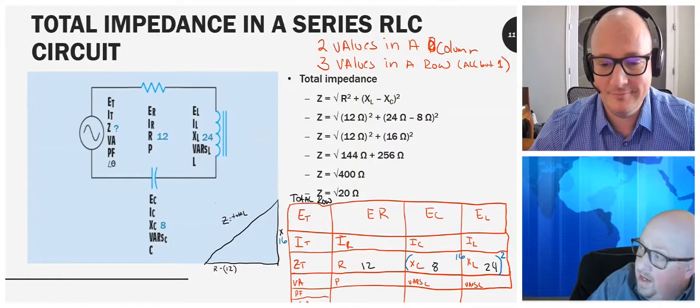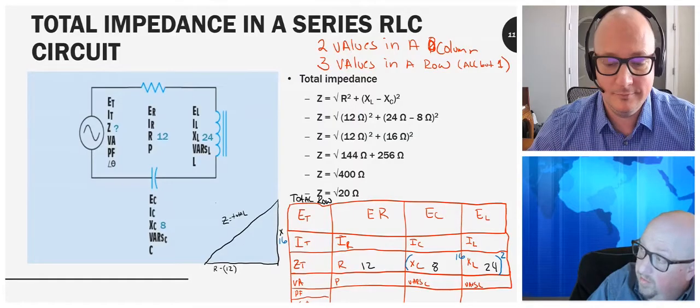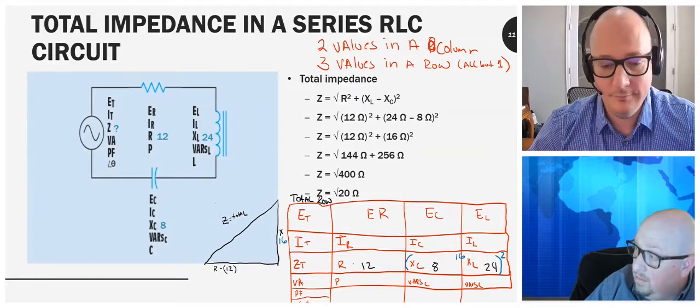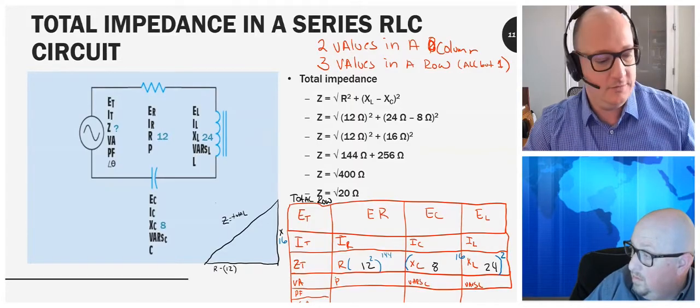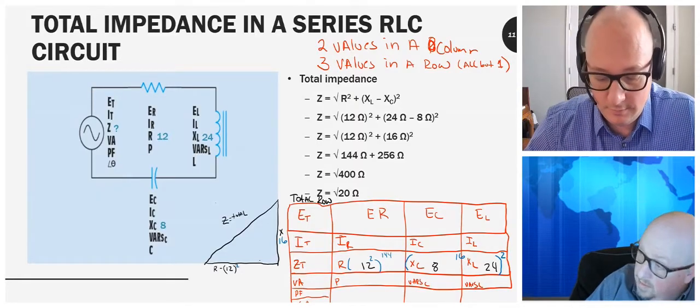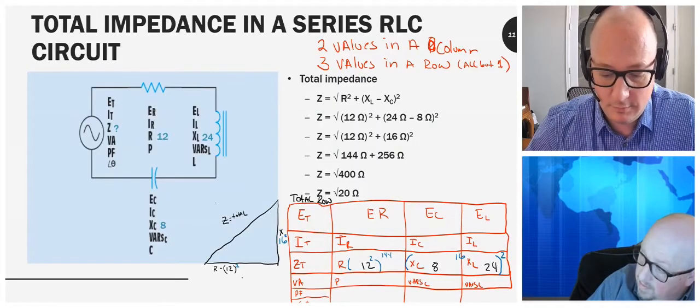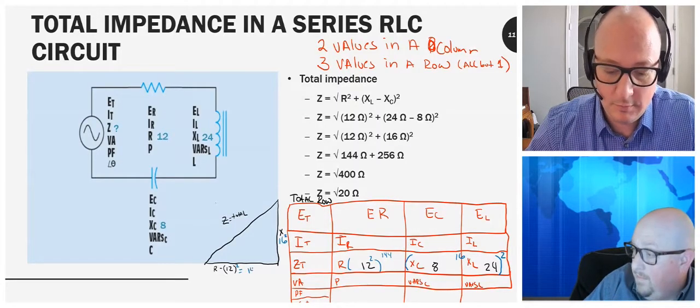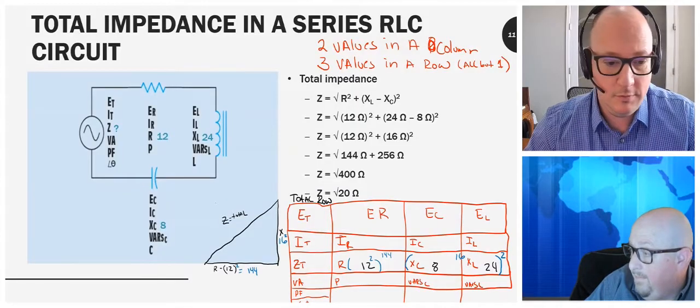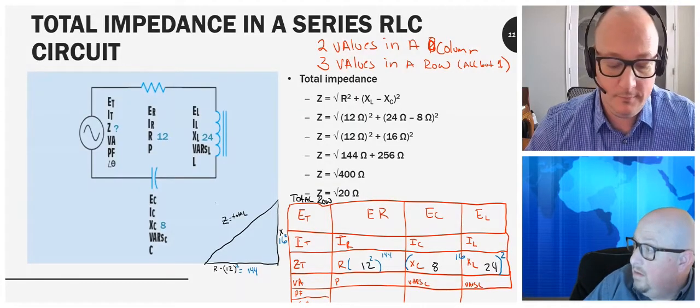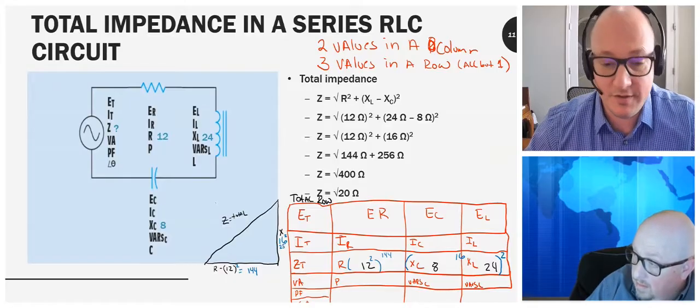I have to go to the next step, which is basically the square root of 12 squared plus 16 squared. So 12 squared is 144, and 16 squared is 256.